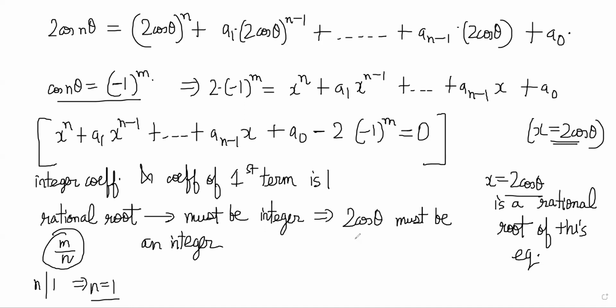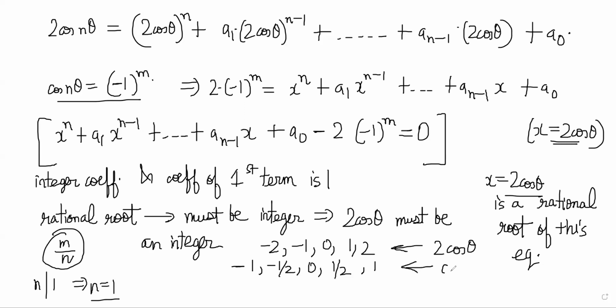And if 2 cos theta must be an integer, the values it can take are minus 2, minus 1, 0, 1, and 2. These are the possible values of 2 cos theta. So now we have proved that cos theta can take values minus 1, minus half, 0, half, and 1. These are the possible values of cos theta.